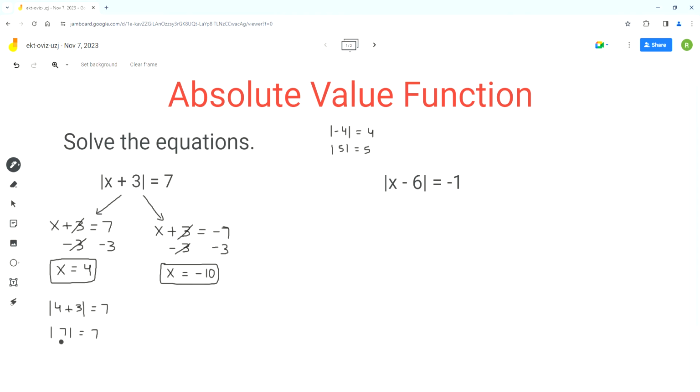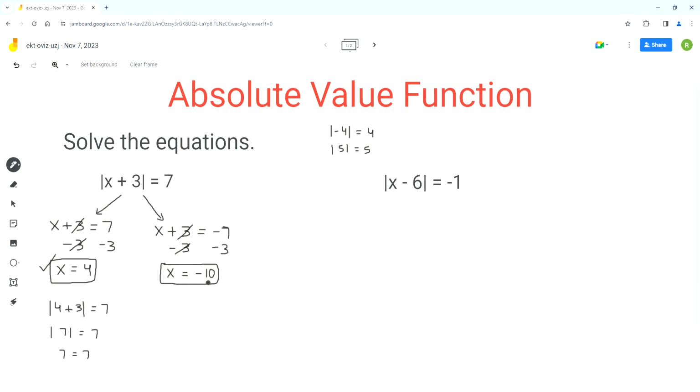Now the absolute value of 7 is also equal to 7, because as we discussed earlier, the positive number stays the same. It's only a negative number that becomes positive. So that means x equals 4 is a valid solution.